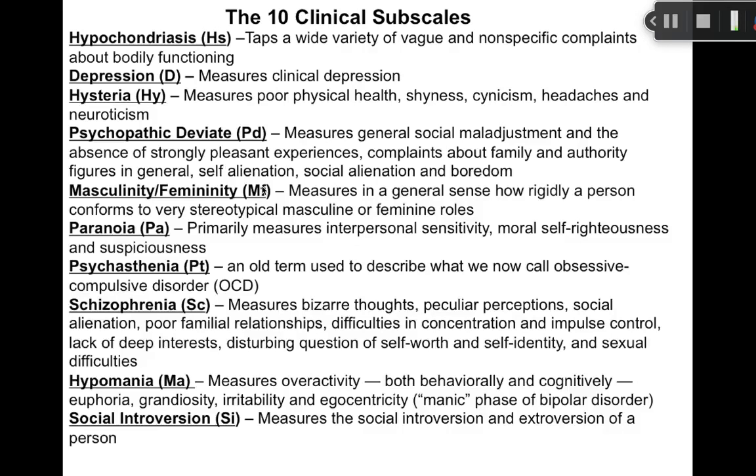I'm just providing this slide to show you examples of those 10 clinical subscales. I don't expect you to know these, but there's a collection of them that tap these different personality traits.